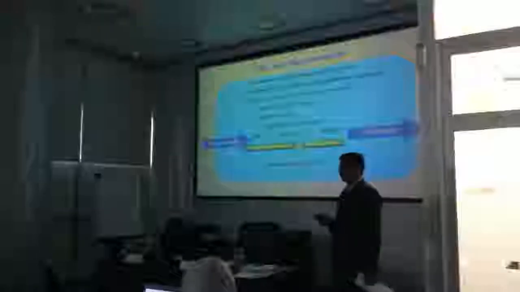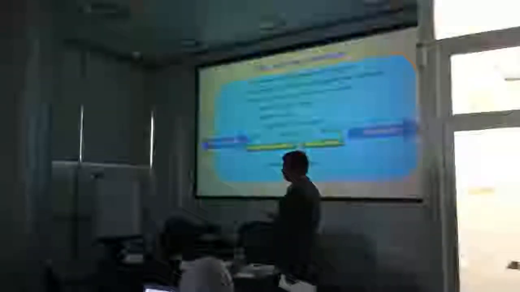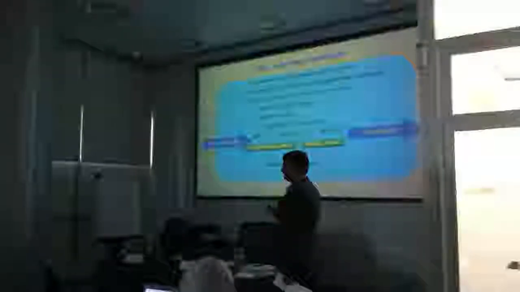Then there are application controls, which are put inside the application. These are categorized into input control, processing control, and output control. And ideally, all the transactions taking place in the application should have an audit trail.